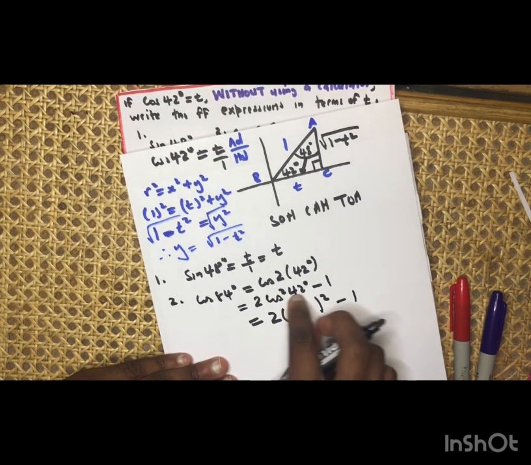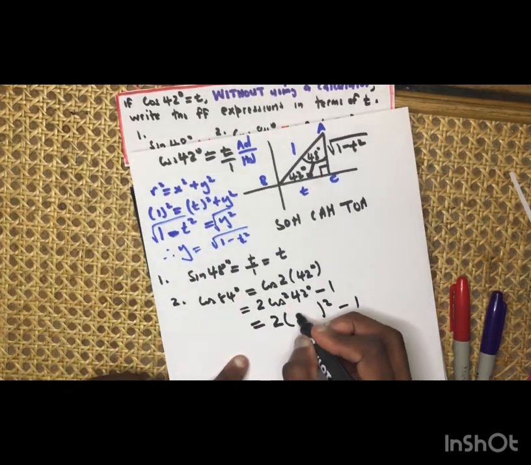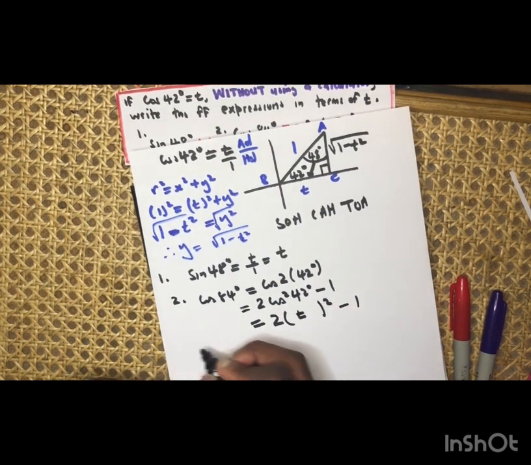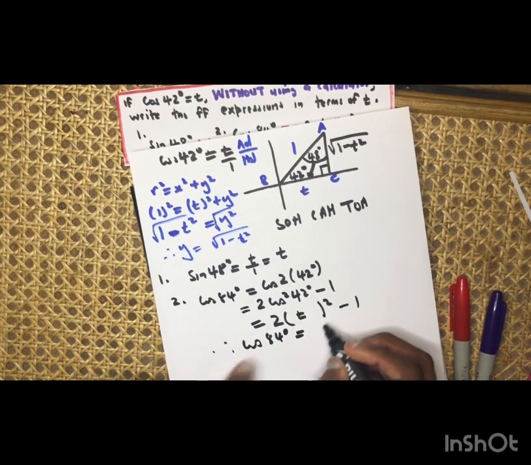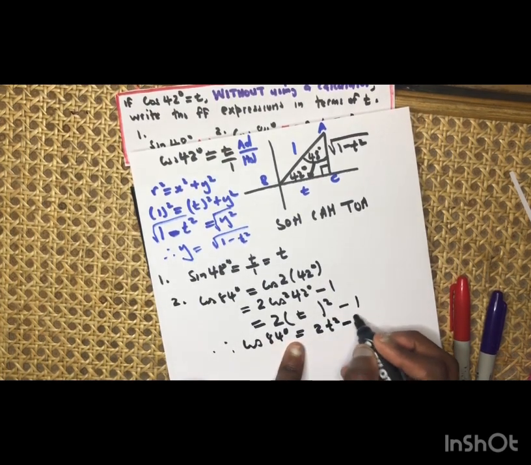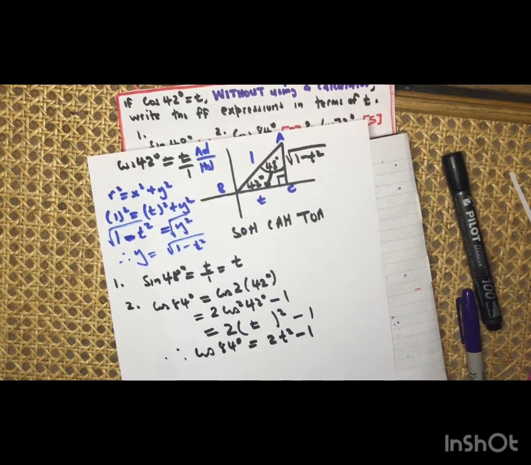We know that cos 42 was given to be equal to t. Then I will have a t here. So therefore, your final answer for cos 84 degrees is going to be 2t squared minus 1. Understand?